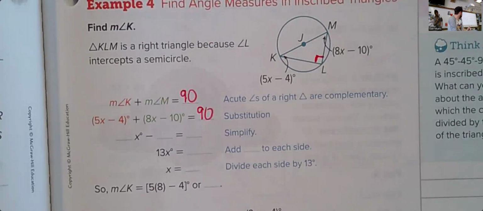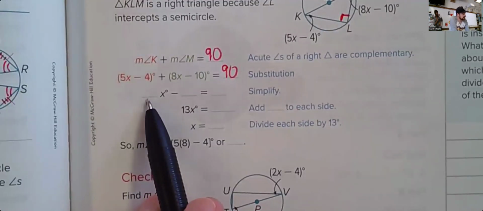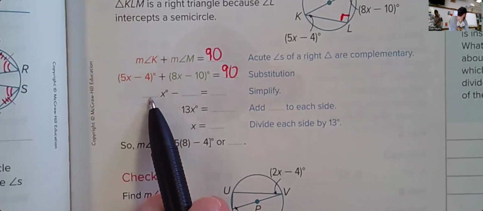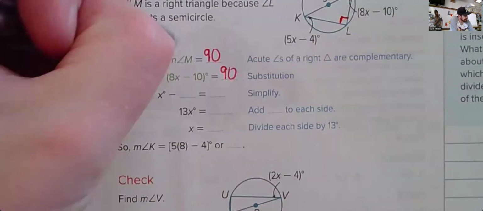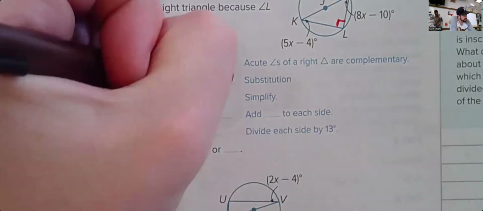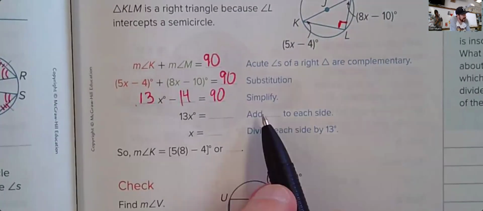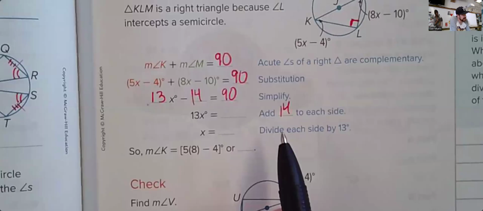If we combine like terms, what number do we have in front of x? 13x, good. And then minus what? Minus 14 equals 90. Add 14 to both sides.